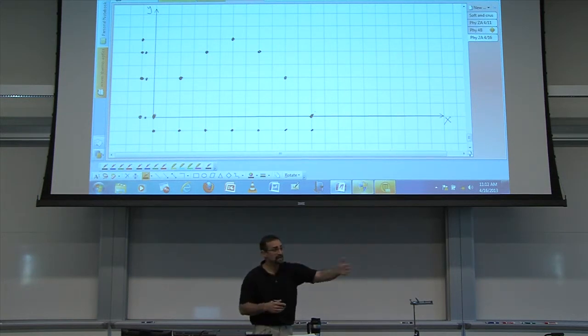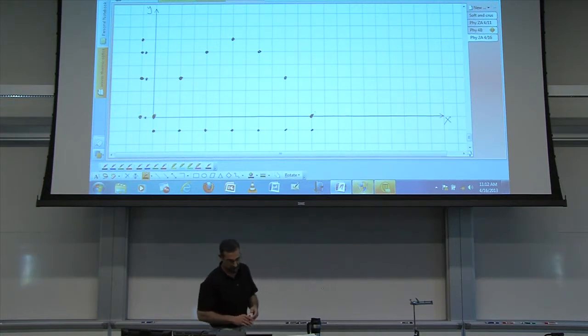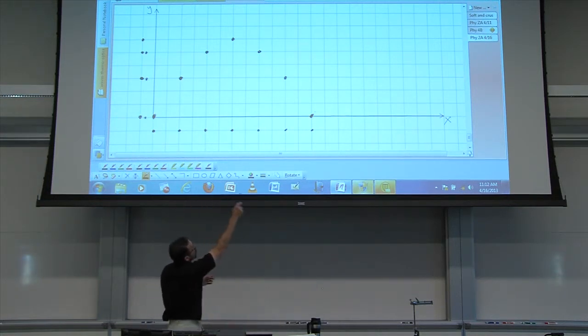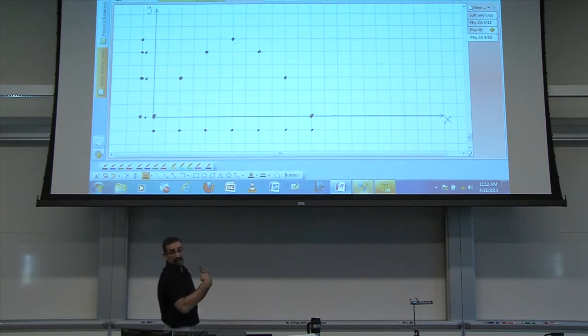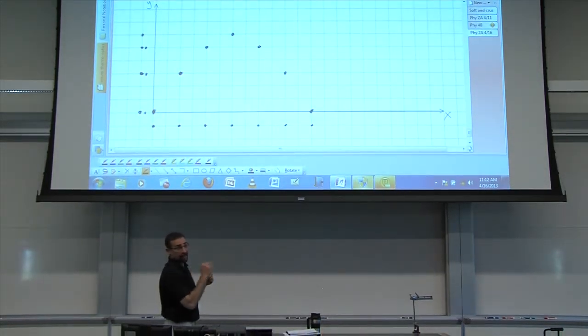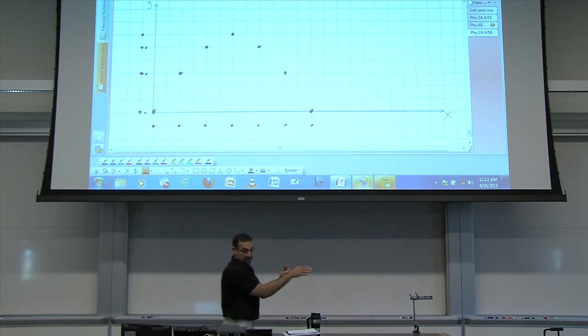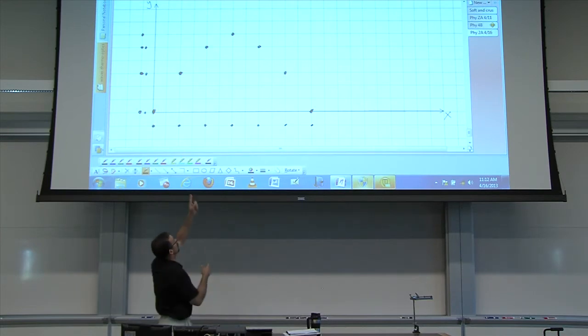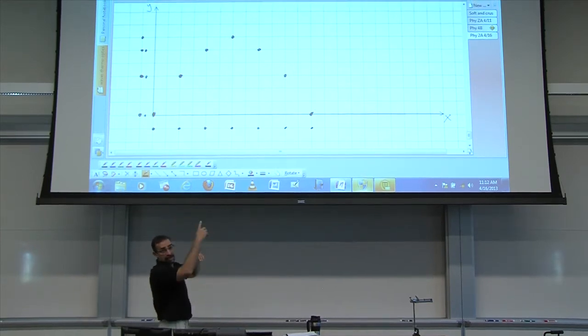There's no acceleration in the x direction if there's no air resistance, right? So as our object moves through the air, nothing is pushing on it in the x direction. So whatever velocity in the x direction it started with, that's the velocity in the x direction that it always has. And in the y direction, it starts out with an initial y velocity, but there's acceleration in that direction.